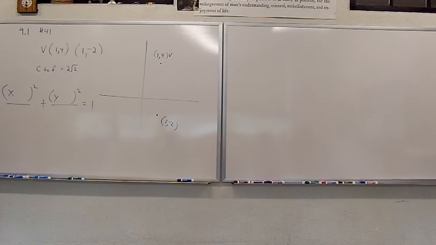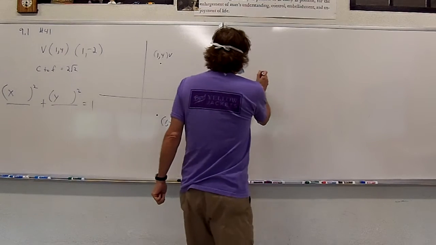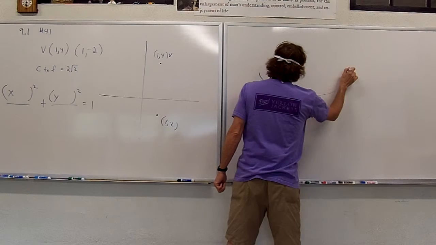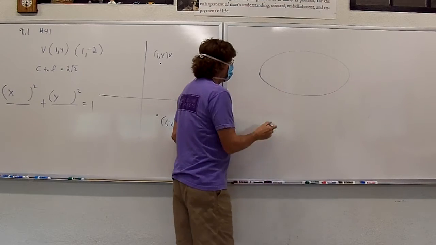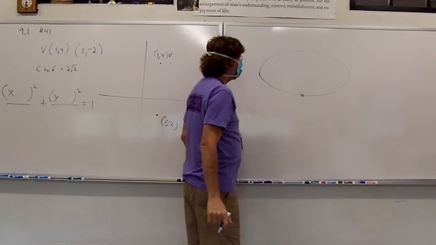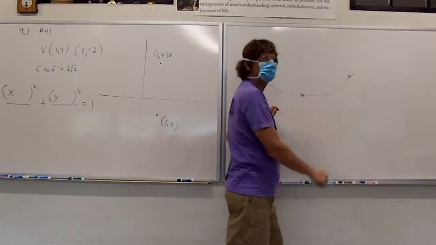Remember, here's how you think about a vertex to get the real concept. A vertex is where you would have to turn your car the most if you were following the road. When you look at your ellipse, if it's longer this way, if you were right here, would you have to be turning your car as much as you would if you were here?